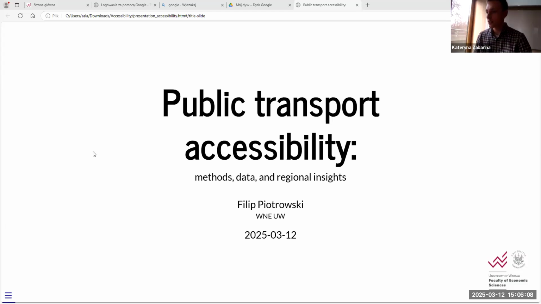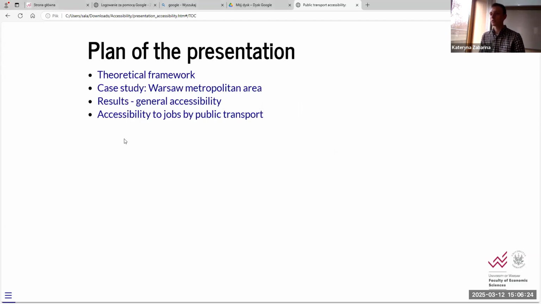Hello everyone. So today's topic of our seminar is public transport accessibility. I will introduce some theoretical framework for the concept of accessibility. I will tell how to connect accessibility, which is a topic from transport geography, I would say, with regional science or economics.